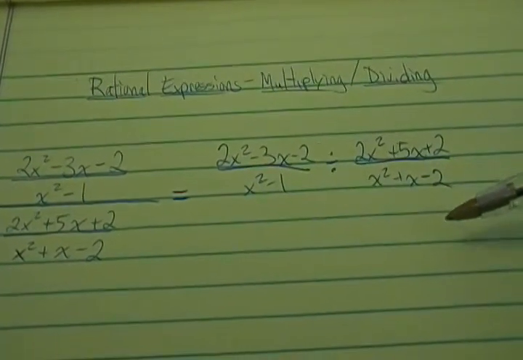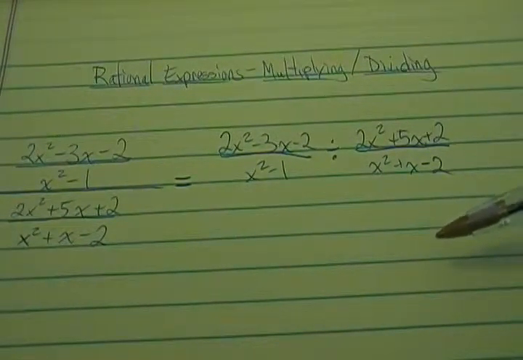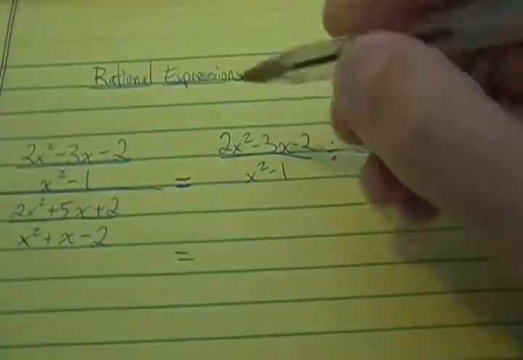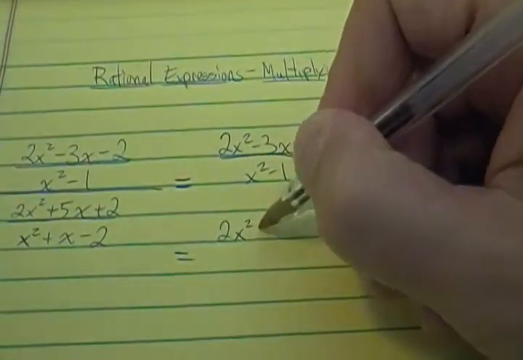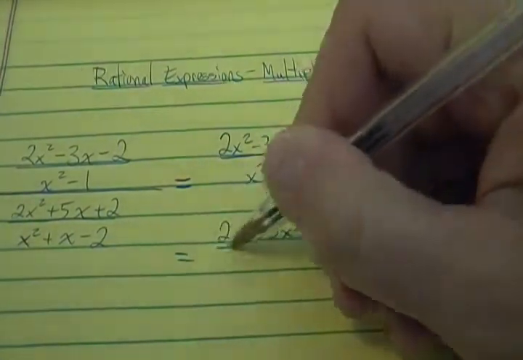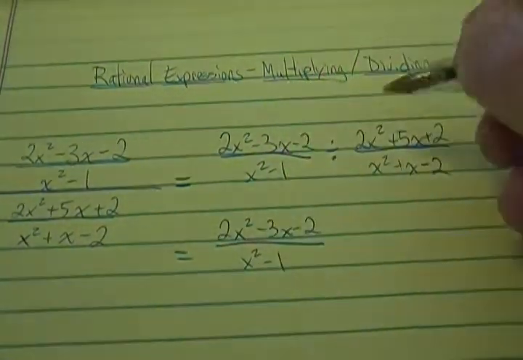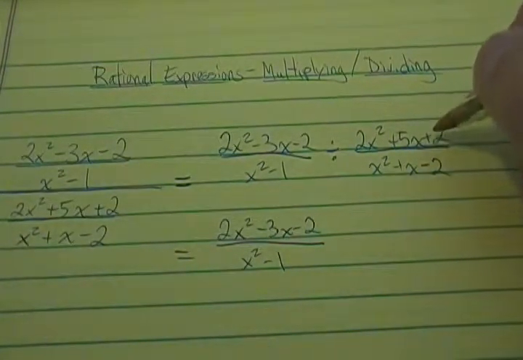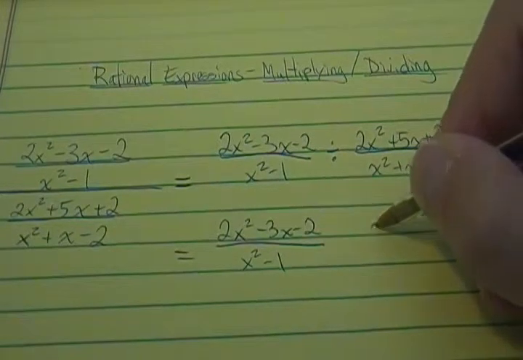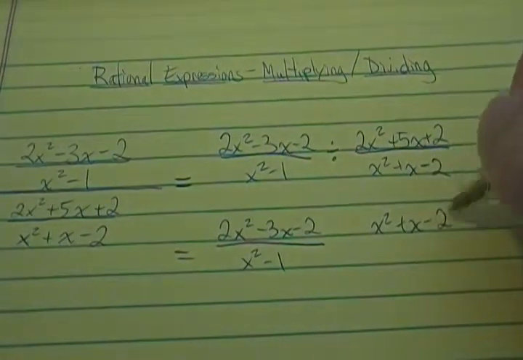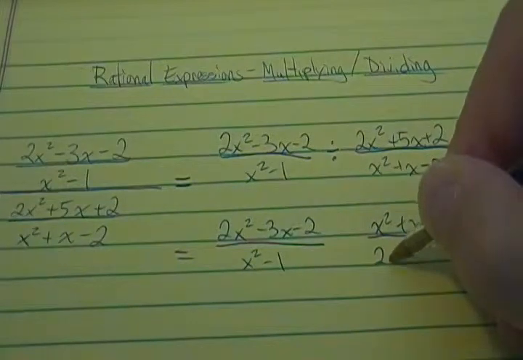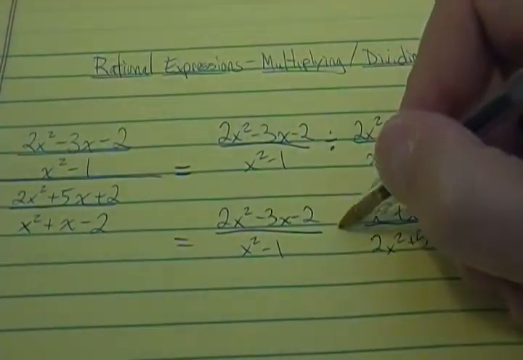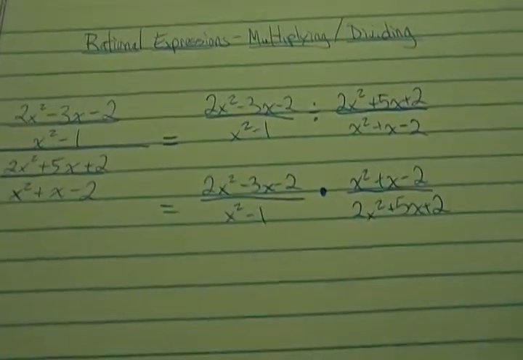If we remember way back when you learned the rules of how to do operations with fractions, the rule for dividing fractions is you keep that first fraction the same. So 2x squared minus 3x minus 2 all over x squared minus 1. You flip over, or use the reciprocal of, the second fraction. So I take this second fraction and flip it over to x squared plus x minus 2 all over 2x squared plus 5x plus 2, and I change my division to multiplication.